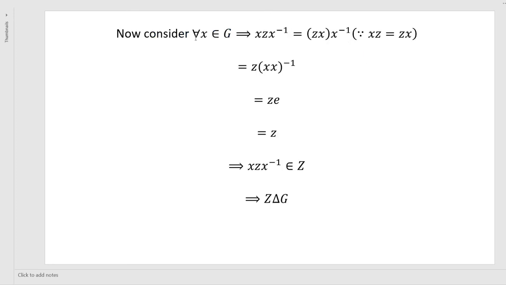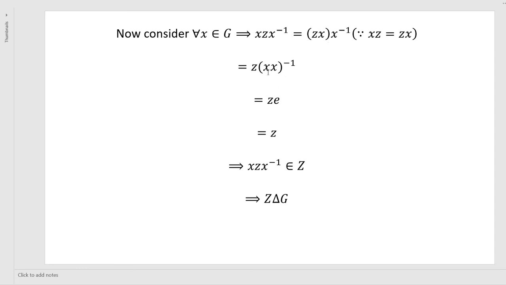Next, now consider for all x belonging to capital G, that implies xzx inverse is equal to xzx inverse. Look here, I write xz is equal to zx, because z is in the center, so it commutes. Therefore zx into x inverse.